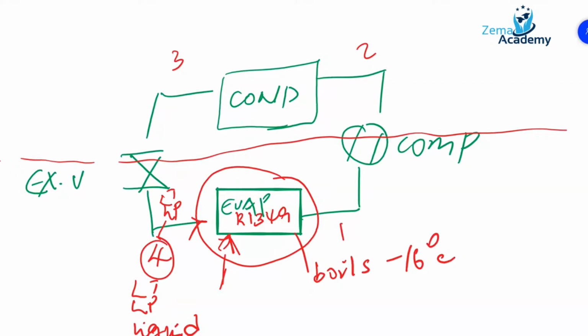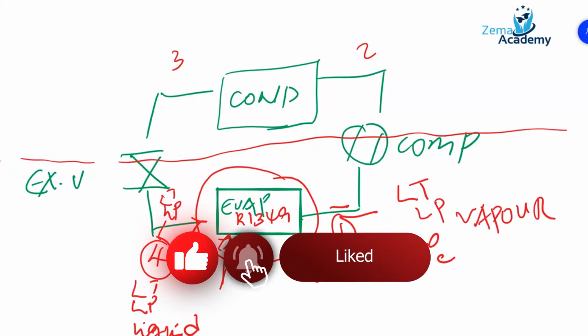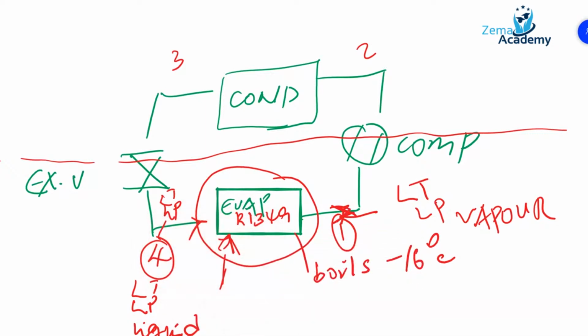So that low temperature and low pressure liquid gets boiled, and when it comes out at point 1, we have low temperature and low pressure vapor. Then we feed it into the compressor.